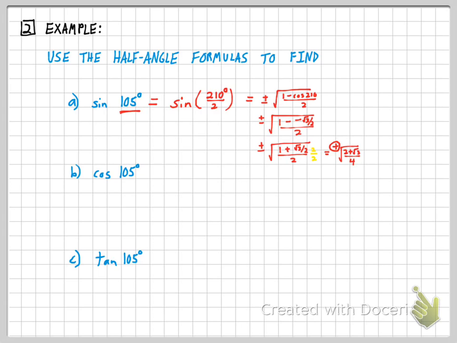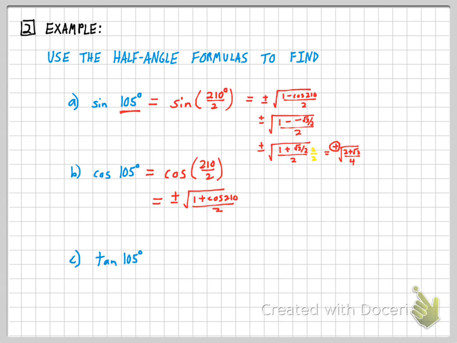All right, let's try the second one. We'll go a little faster. We want to think of cosine of 105 as the cosine of 210 over 2. And we have a slightly different formula for this one. It's plus or minus the square root of 1 plus cosine of 210 all over 2.